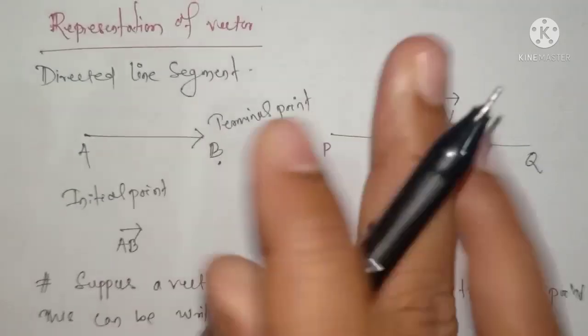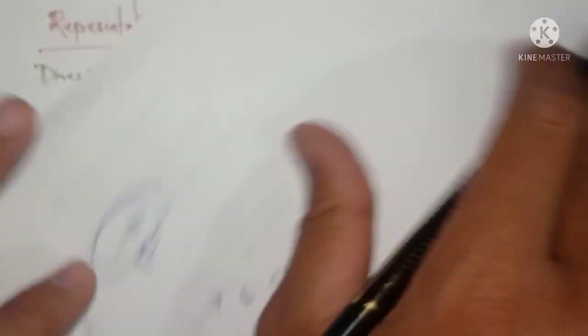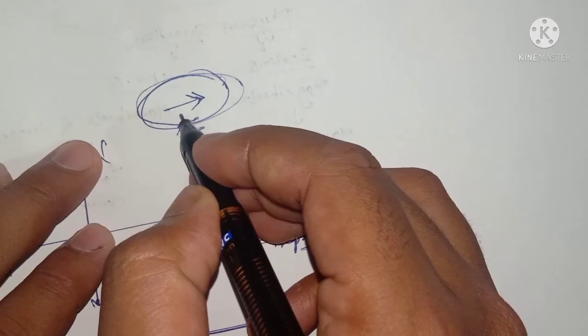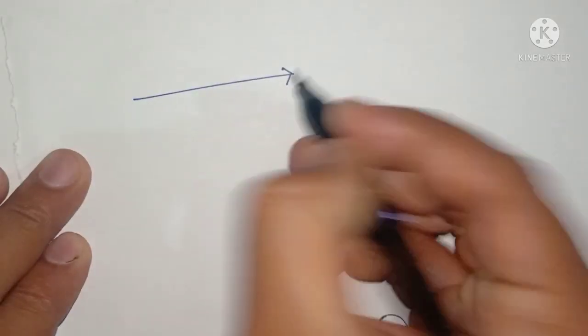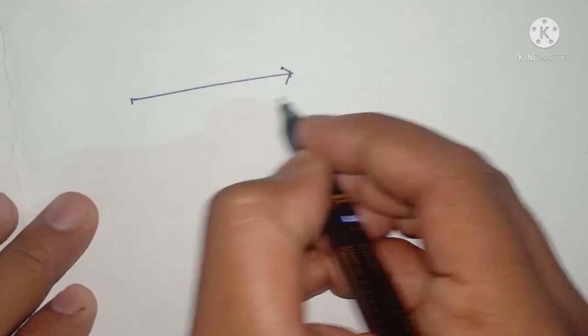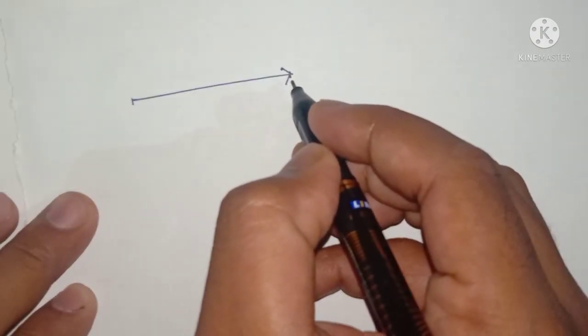It's a directed line segment. Look, as I have done here, F vector, and this is the vector, right? And if I draw this one with the initial point and the terminal point, this one is the terminal point. As you can see, there is an arrow on the right side.